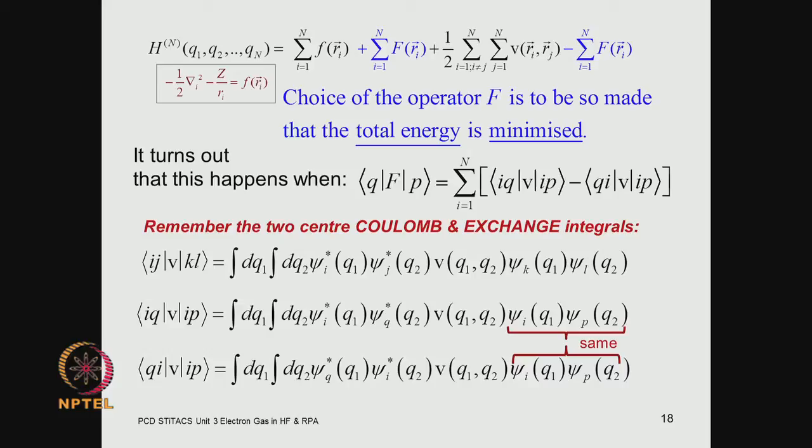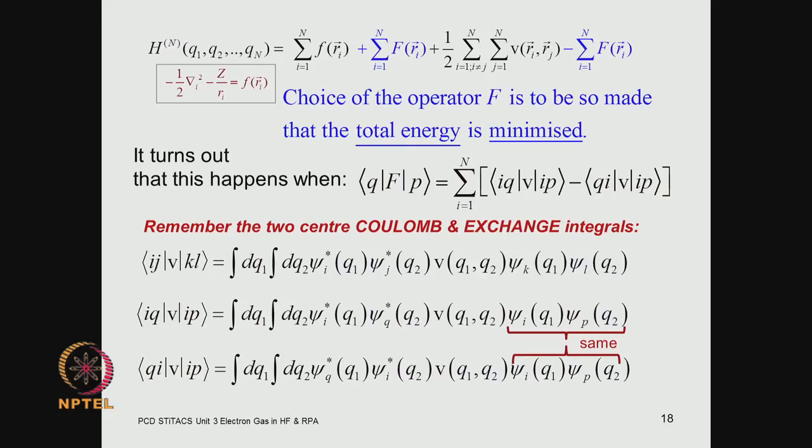So, these are the Coulomb and exchange integrals, completely the same as we have discussed in the Hartree-Fock formalism earlier. And this is what we have to show, that the minimization of the total energy is concurrent with this particular expression for the matrix element of the operator f in the states q and p.